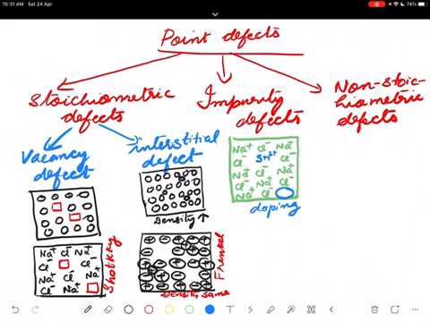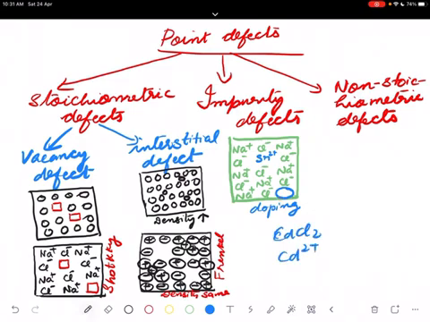With this doping, what happens? Vacancies are created. See, here there is a vacancy. The same thing happens when AgCl is doped with CdCl2. Cd means Cd2+.